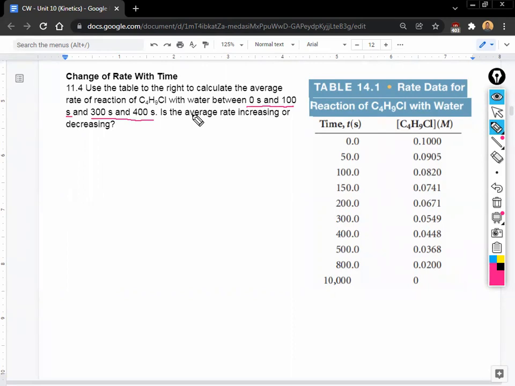Sometimes the rate will increase, sometimes it will decrease. We're going to look at this chart at different points and see if the rate is increasing or decreasing. Basically, do the same thing we just did with this table from 0 to 100. I'll do the 300 to 400, and then we'll calculate if the rate is increasing or decreasing. Take about 2 minutes to try that out.